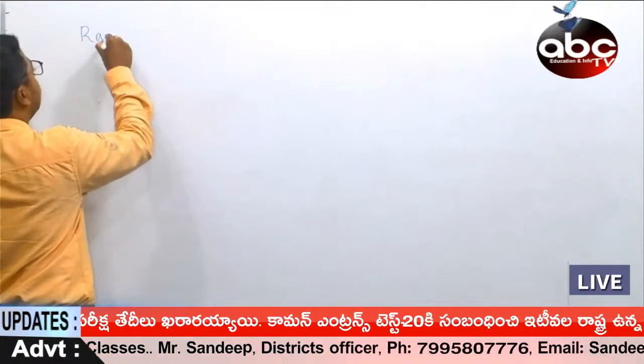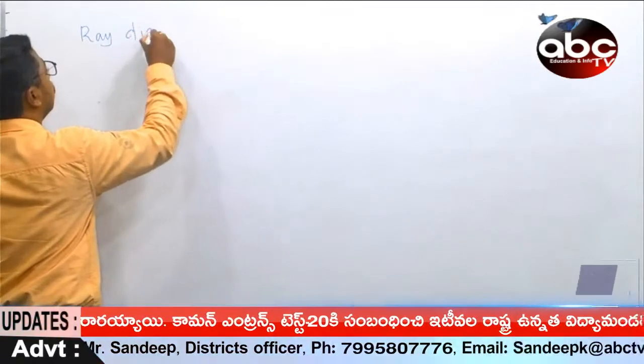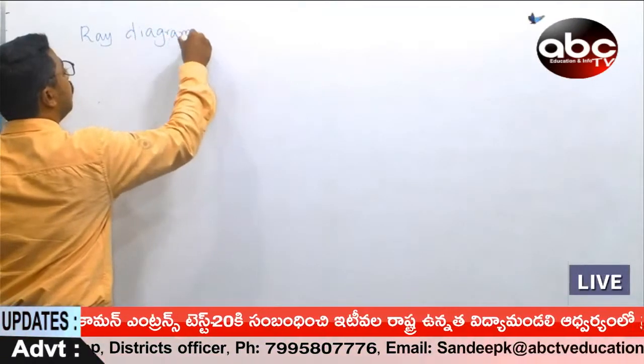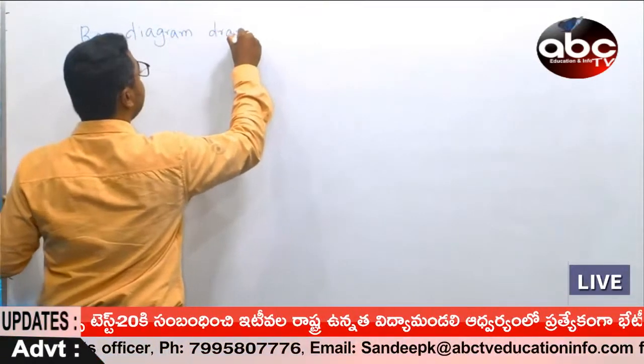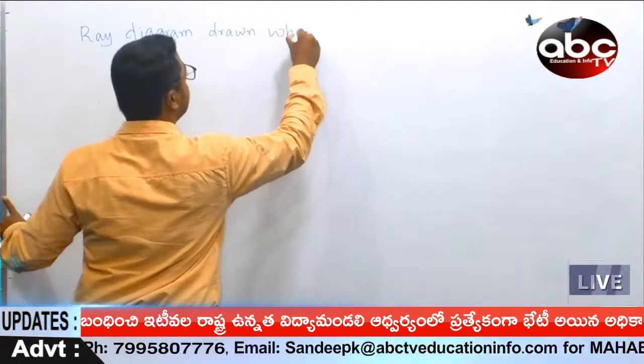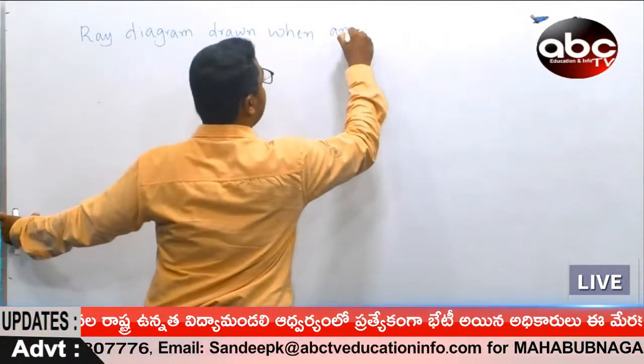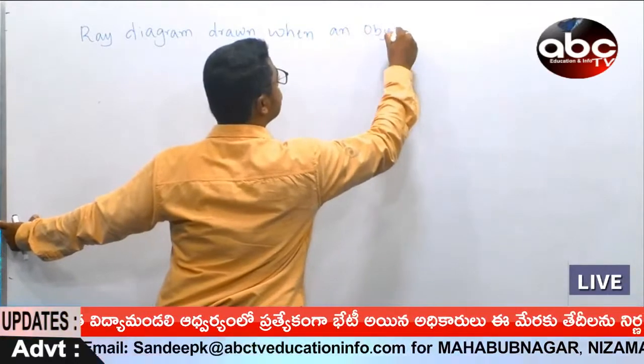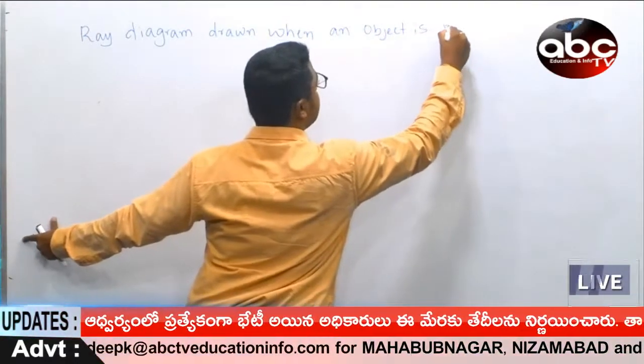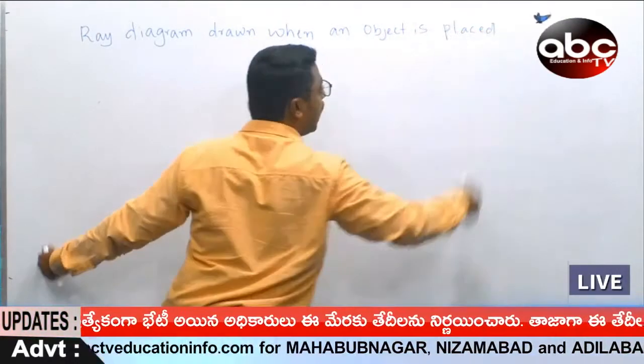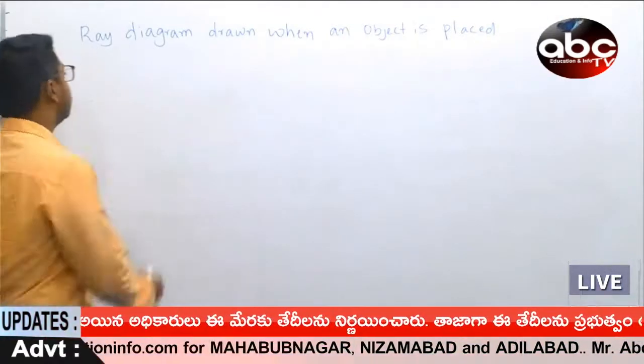Ray diagram drawn when an object is placed. Where is it placed?